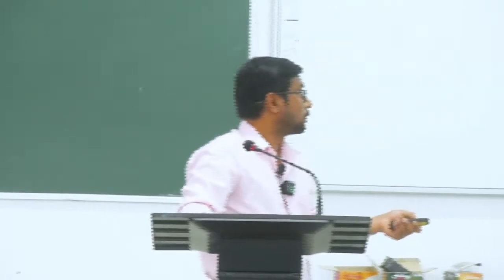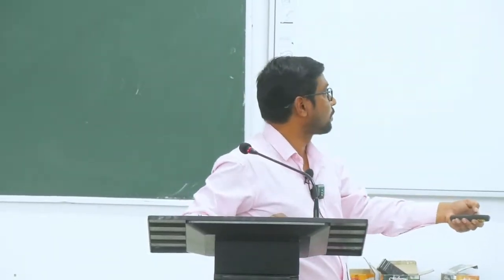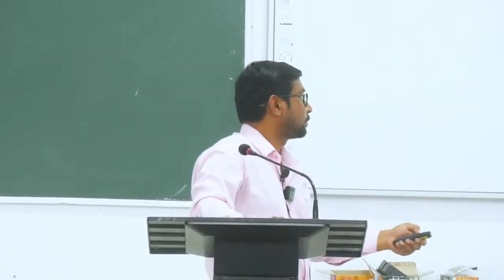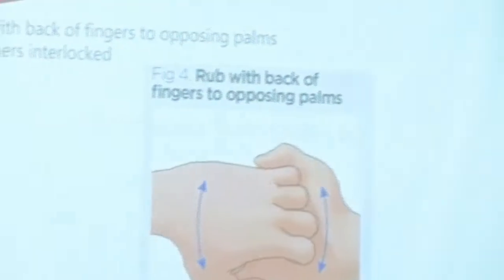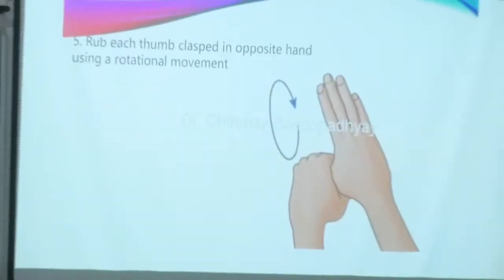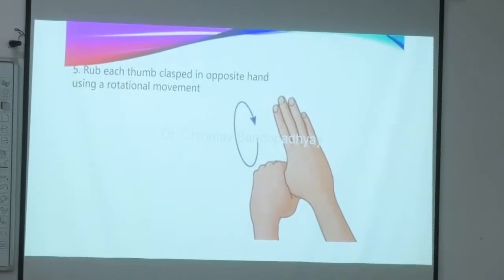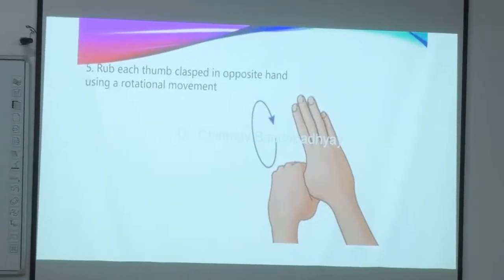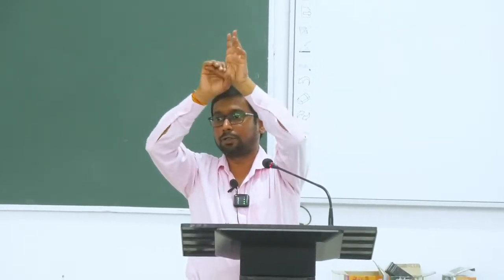Then the rotational movement of the thumb: you have to make a rotational movement, clockwise and anti-clockwise, of your thumb to clean this portion, and the same vice versa, left to right, right to left.